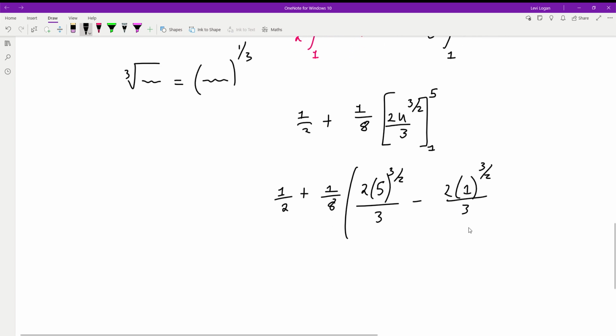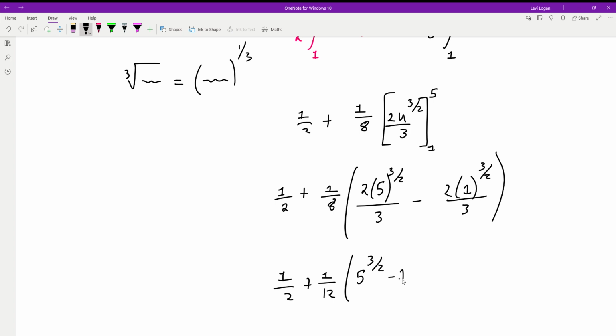Now if you wanted to, you can take out the 2 out of 3 if you wanted to, so you have a half plus 1/8 times 2 on 3 is going to be 1 on 12. So all I did was take out the 2 on 3 and the 2 on 3 out. So you have 5 to the power of 3 on 2 minus 1. 5 to the power of 3 on 2 will be, if you plug that, I don't know what that is off the top of my head, but if you plug in the calculator, I believe it's 5 root 5.